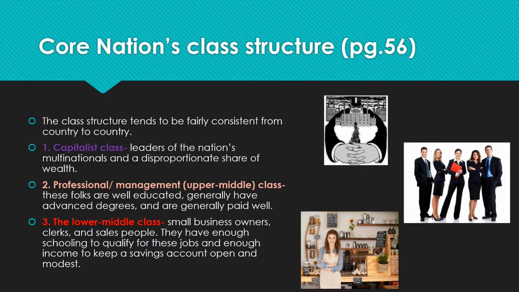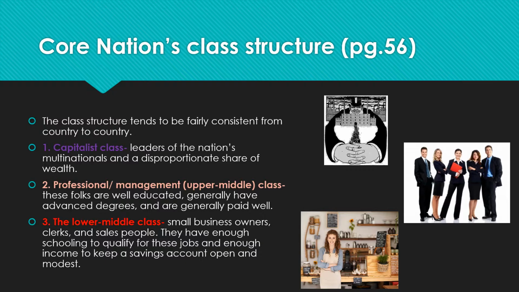So at the top, they have the capitalist class. These are the leaders of the nations, the multinational companies, and they hold a disproportionate share of the wealth. You can see we have this picture over here of the gentleman who just has his arms wrapped around the factory and is in control of those people. That's more of the leader of the nation's multinational companies.